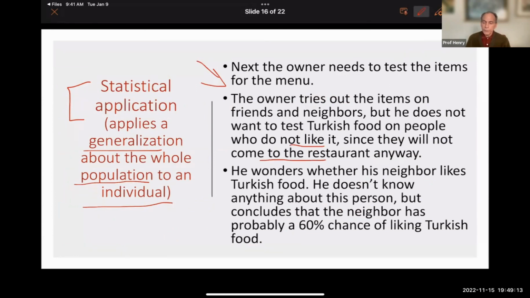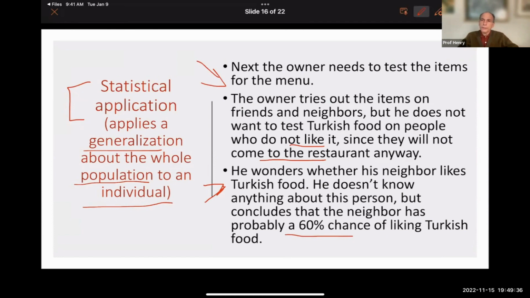So he wonders whether his neighbor likes Turkish food. He doesn't know anything about this person, but concludes that the neighbor has probably a 60% chance of liking Turkish food.